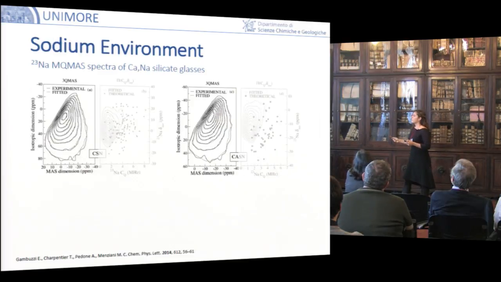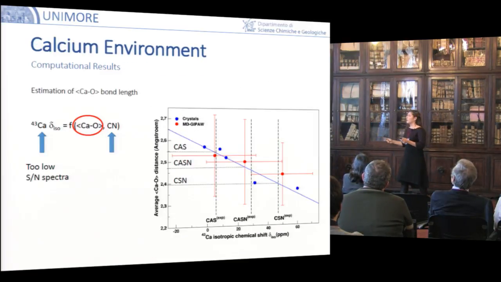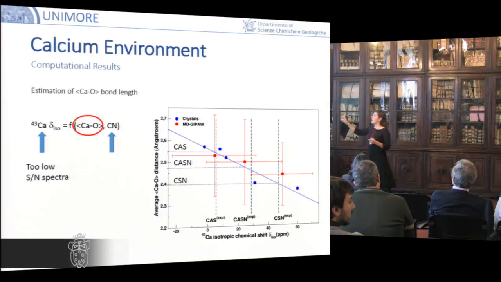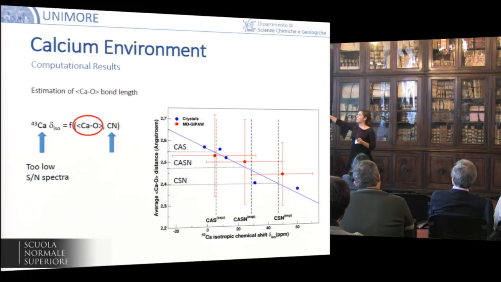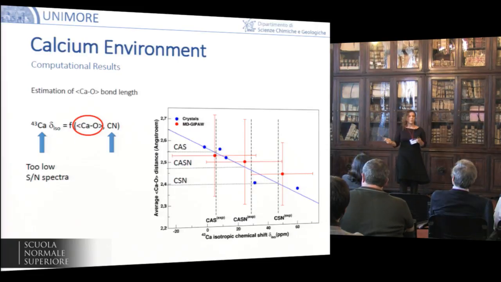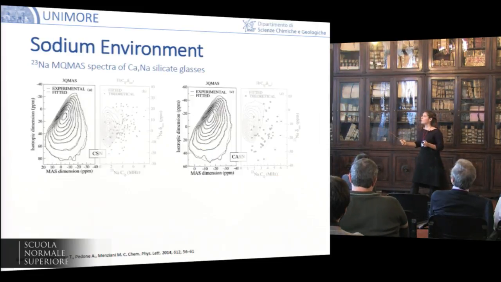And this is all I wanted to show you about calcium, that we can estimate the coordination number using the models, and that our structural data, intended as the average calcium-oxygen bond length for the three classes, is quite well reproduced. And now I'll show you some results about sodium.